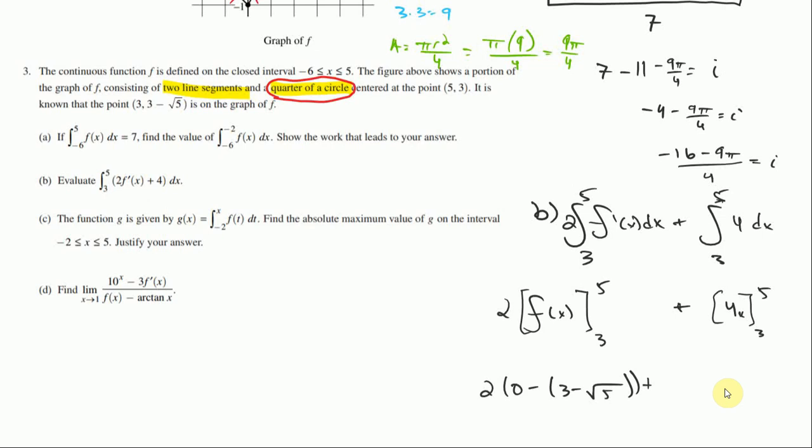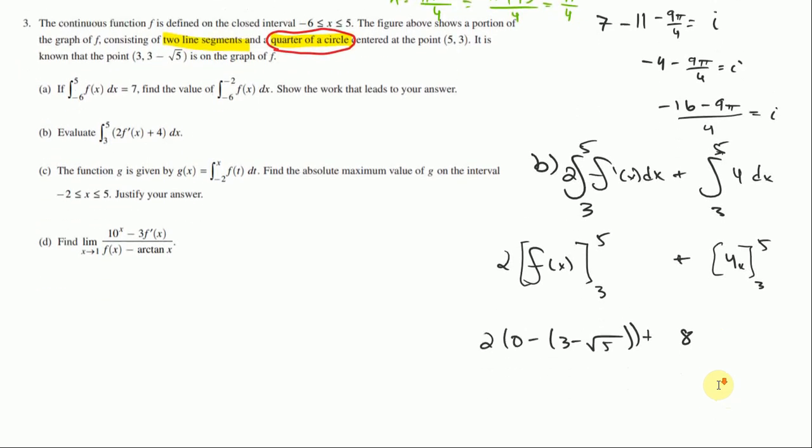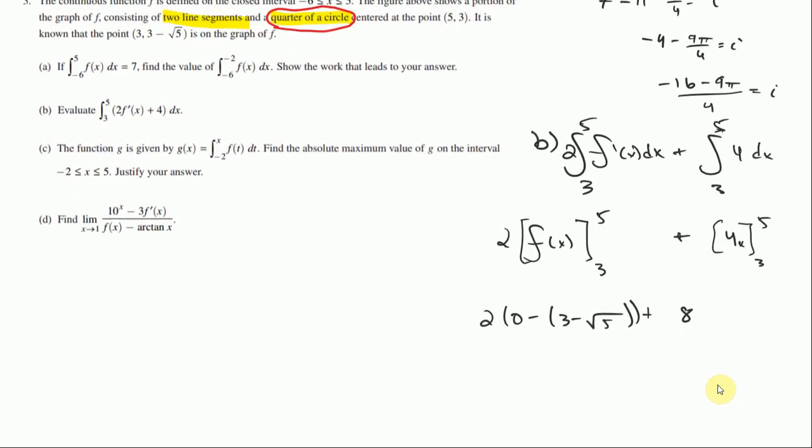It's 20 minus 12, which is equal to 8. All right. And I could do this out, or I could just leave it like that. I think I'll do it out because I care. So this is going to be negative 6 plus 2 rad 5 plus 8, which is equal to 2 plus 2 rad 5. All right, that looks right.